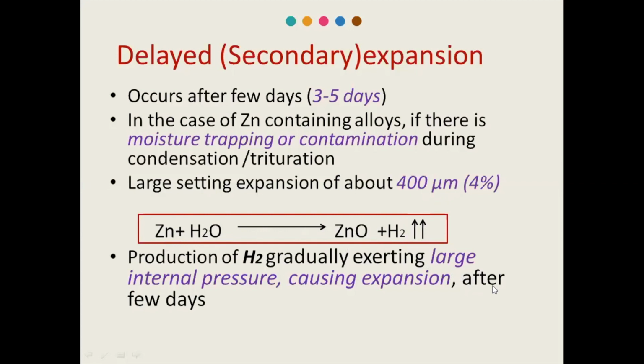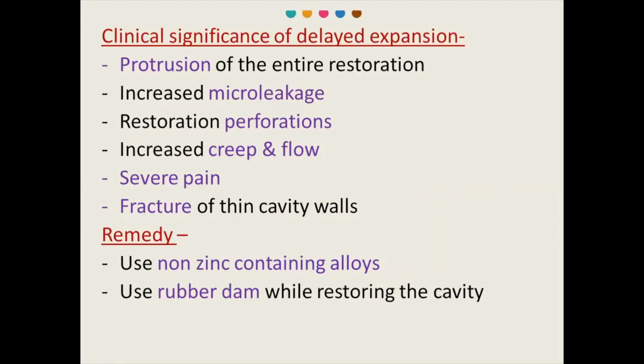Now what is the clinical significance? There is a protrusion of the entire restoration. Meaning the patient may complain, I feel that my tooth is at a slightly higher level compared to the other teeth. That is hyperocclusion. That is a protrusion of the restoration.